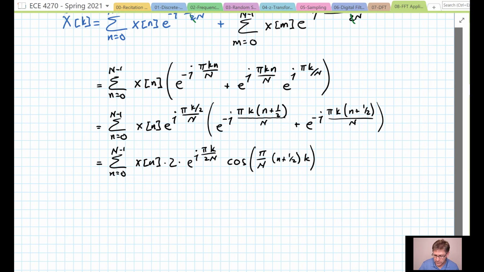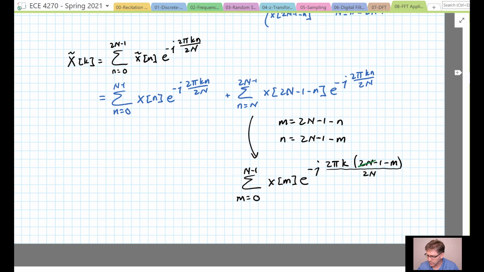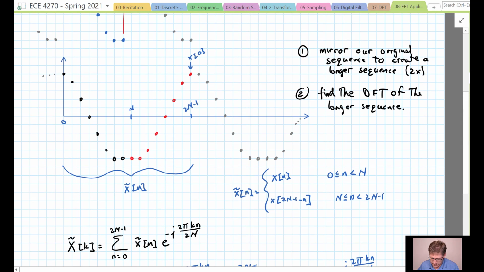This term right here is kind of mucking up the works. It's not going to give us a real transform, which was our real goal. Well, where does this come from? Let's go back and take a look. It comes from the way we did our replication.